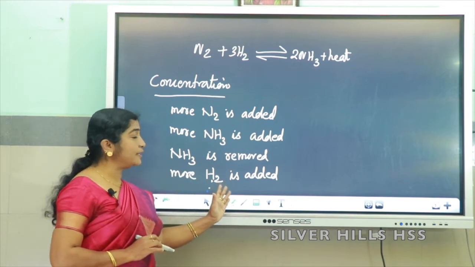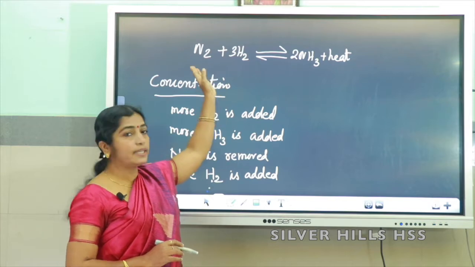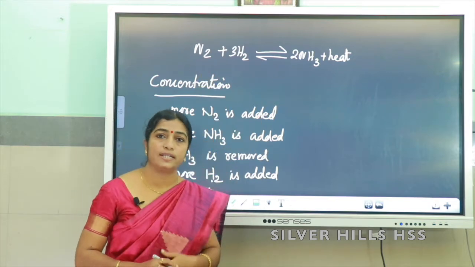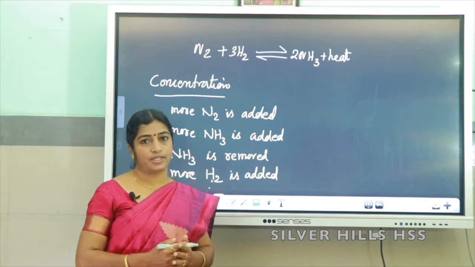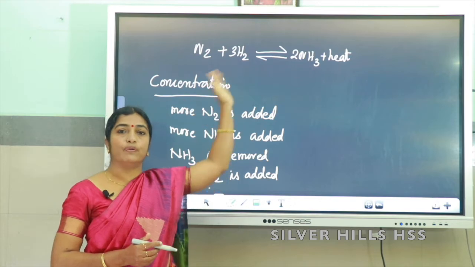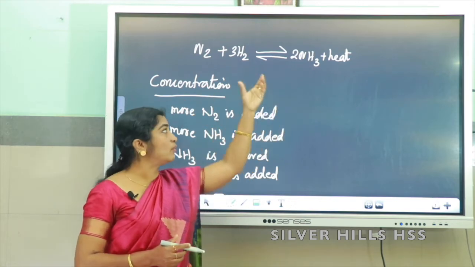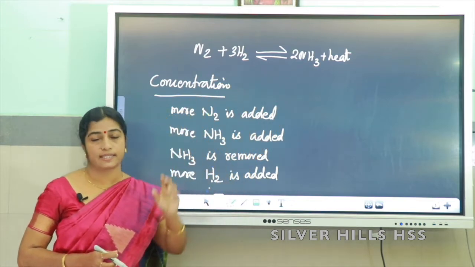More hydrogen is added. Hydrogen is also a reactant. When the amount of the reactants increases, forward reaction is accelerated. So that is the effect of concentration. When the concentration of the reactants increases, forward reaction is accelerated. When the concentration of the products increases, backward reaction is accelerated.